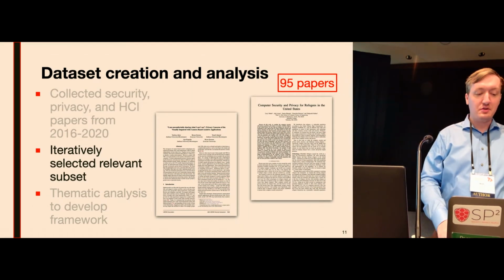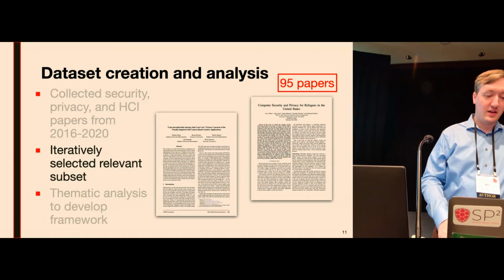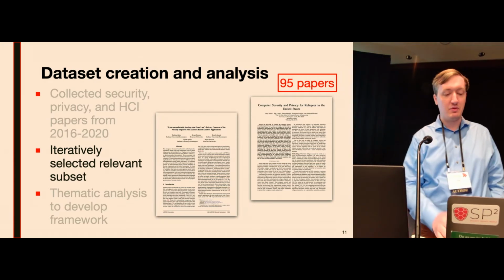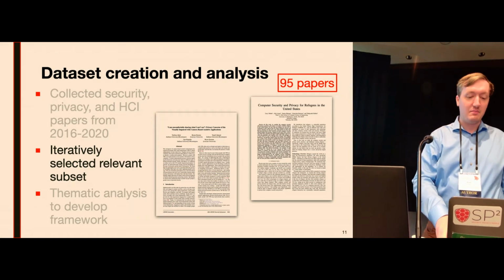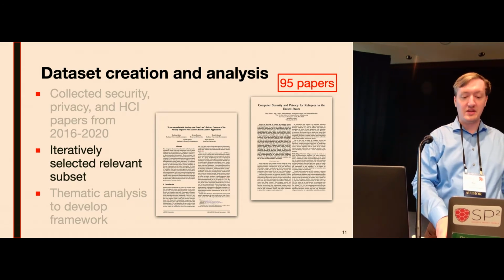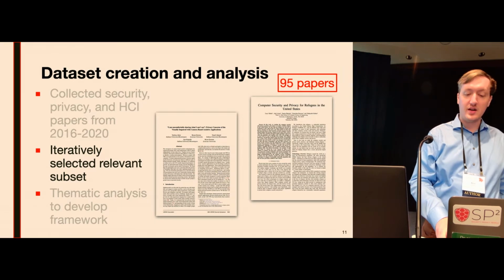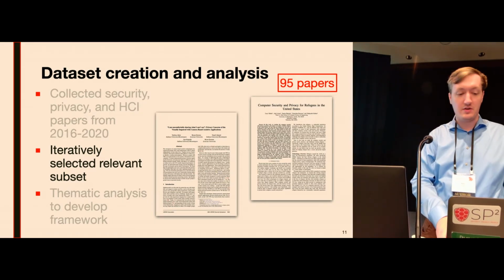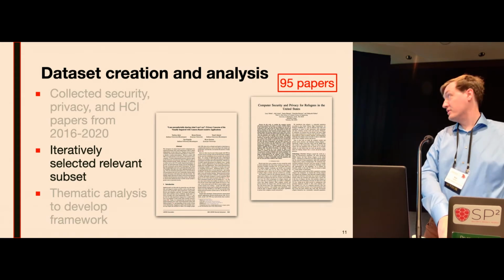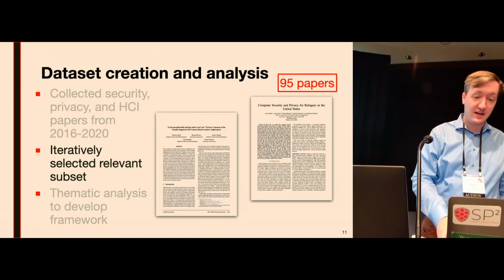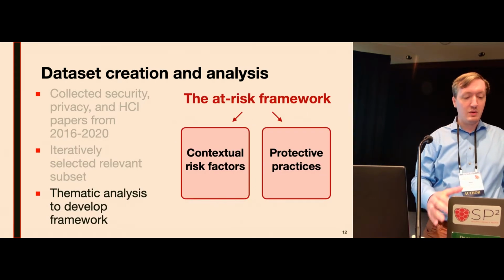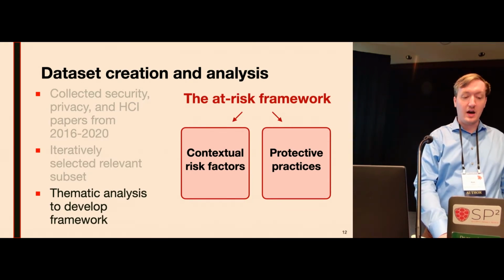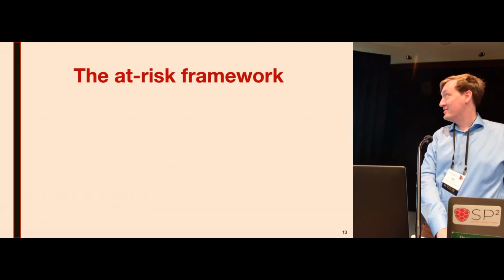We then iteratively selected a subset of these papers that directly studied at-risk users. First, by reviewing titles and abstracts, and then by discussing potentially relevant papers as a team. We wanted to focus on papers that dealt specifically with at-risk users in the context of their digital safety concerns. This resulted in our final dataset of 95 papers. Then we performed thematic analysis on our final dataset in order to develop our framework, which I will now describe.